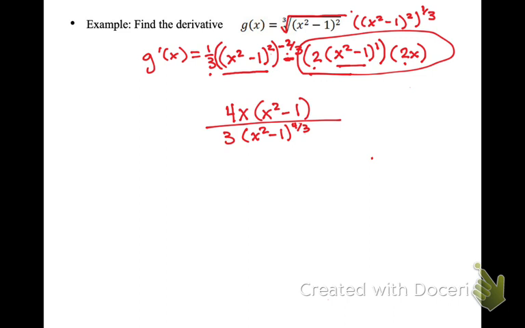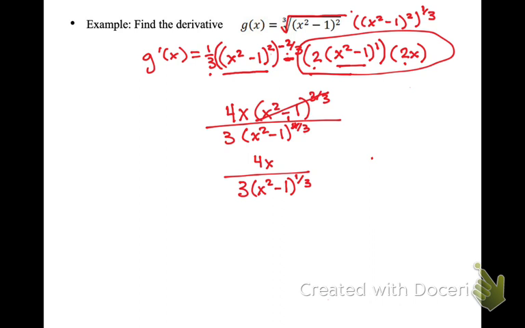Good question. This would be 3/3, yes? Because it'd be to the first? So I could reduce this and 3 of these. So I get 4x over 3 times x squared minus 1 to the 1/3.